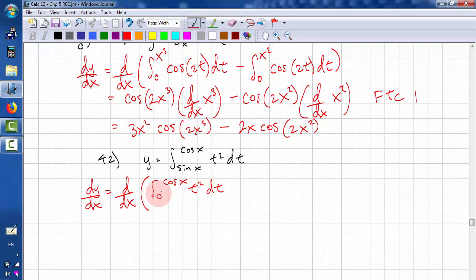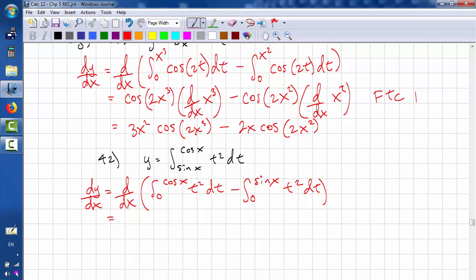And because this is in the bottom, I'm actually doing the order property and negating it. So we're going from 0 to sine x rather than sine x to 0 with a plus. We use the order property to reverse the limits of integration and put a negative sign out front. t squared dt.